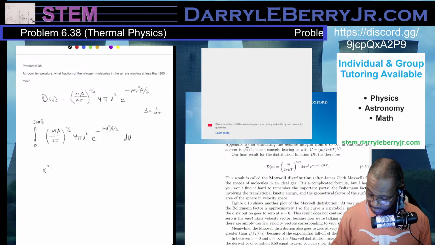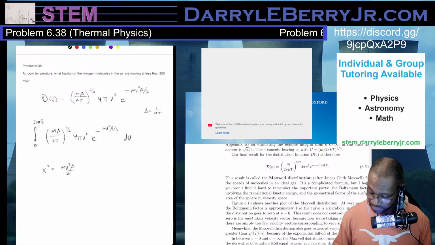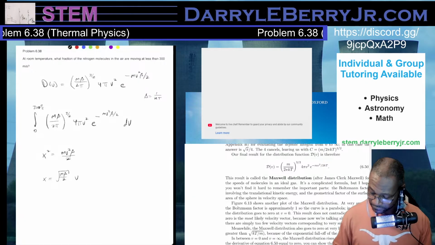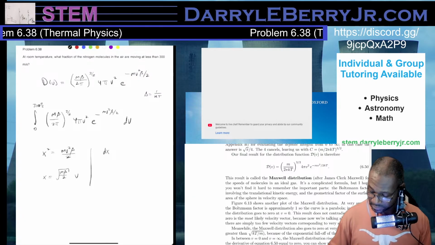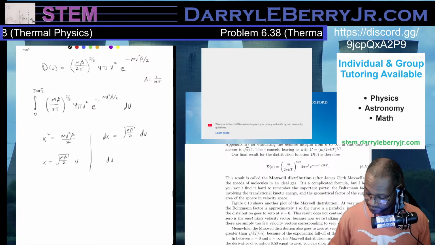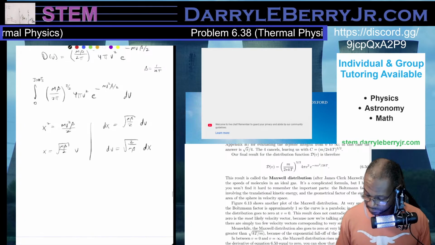So x squared equals m v squared beta over 2. x equals the square root of m beta over 2 times v. dx equals the square root of m beta over 2 dv. dv equals the square root of 2 over m beta dx.